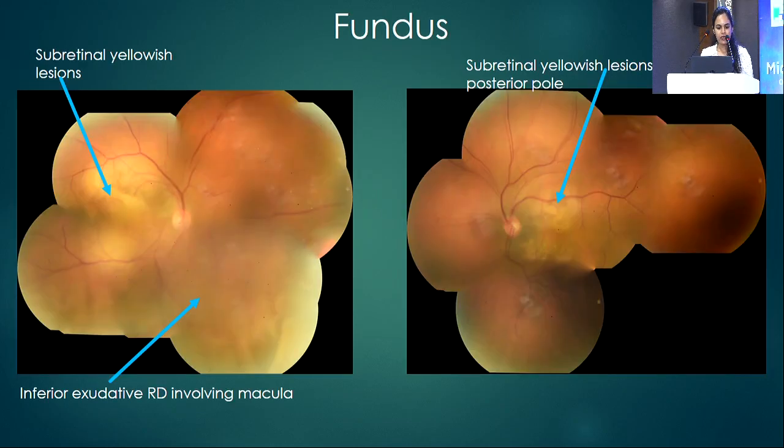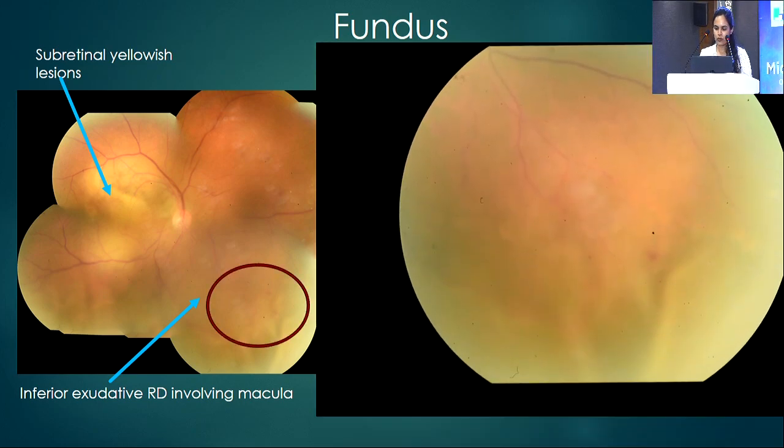On fundus examination, this was the picture we saw. In the right eye, there was exudative RD, which was mainly inferior, involving the macula as well, and there were multiple subretinal yellowish lesions. In the inferonasal quadrant, there was also an area of vascular sheathing with 2 hemorrhages next to the sheathing.